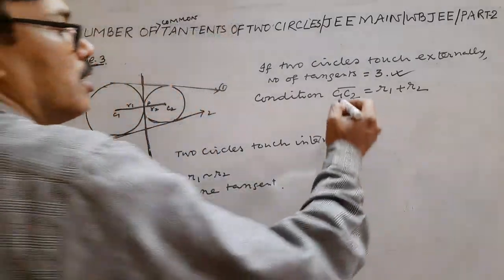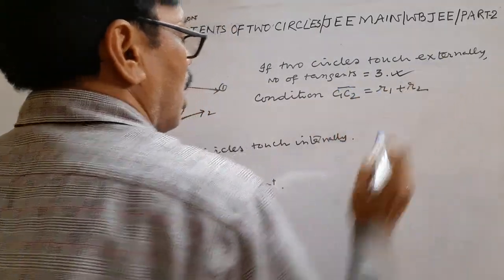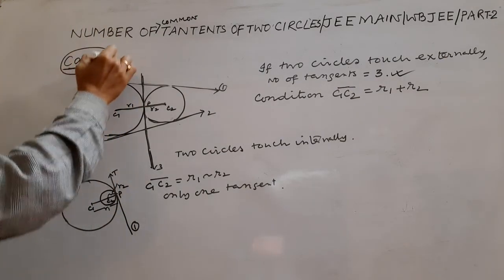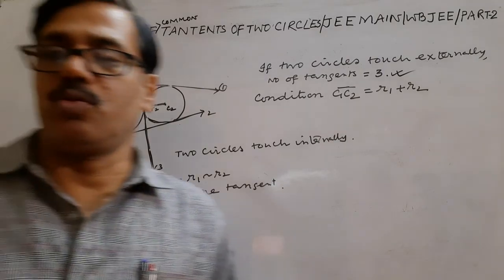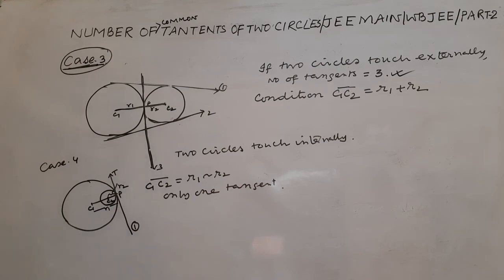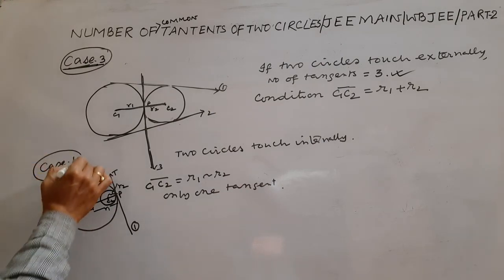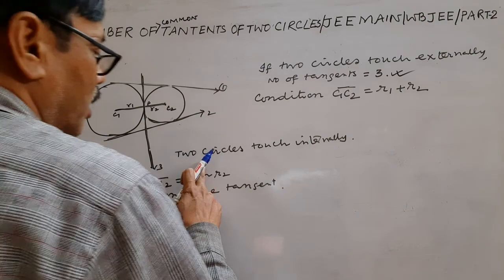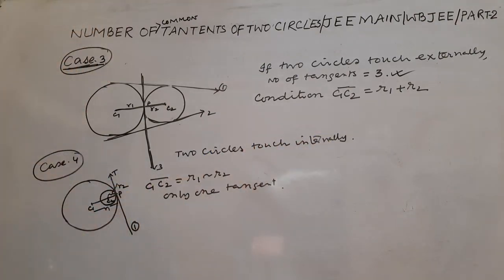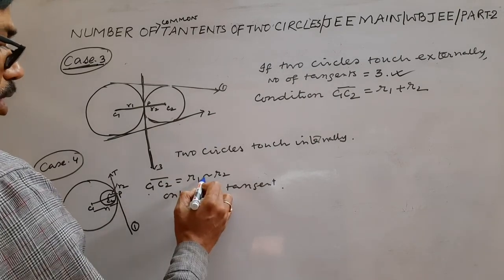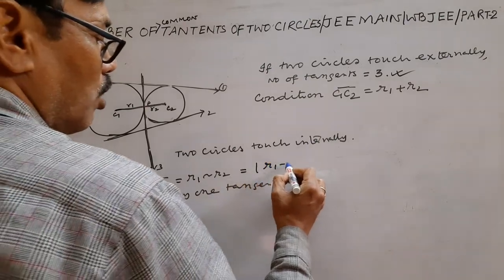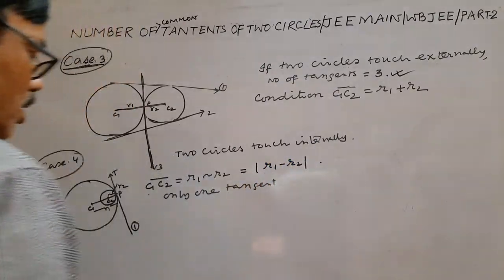So the condition is C1C2 equals R1 plus R2. And case 4, when two circles touch internally, that is C1C2 equals the difference of R1 minus R2, or mod of R1 minus R2.